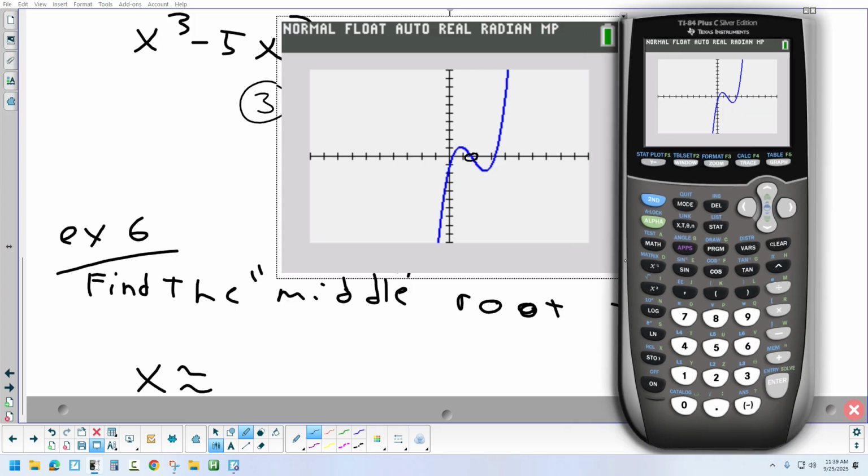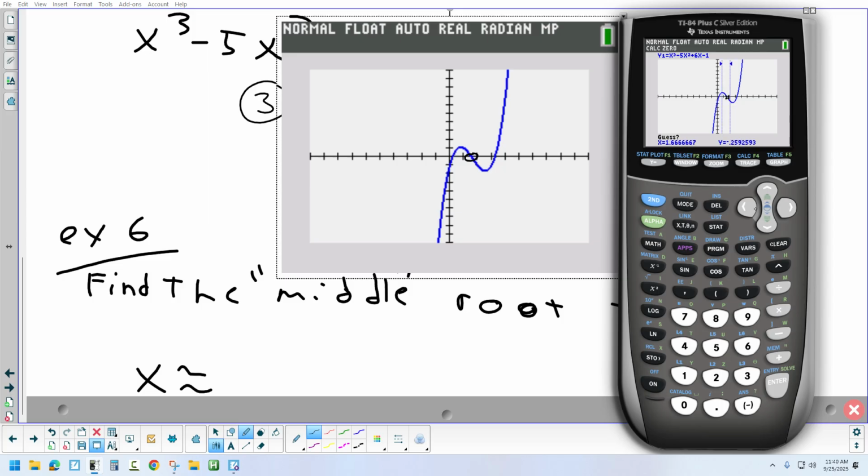All right, what do we press to find that? Second calc, okay. And then we go to 0. And now we pick a point that's to the left of the middle one. To the right, now I can see the interval it's going to look in.